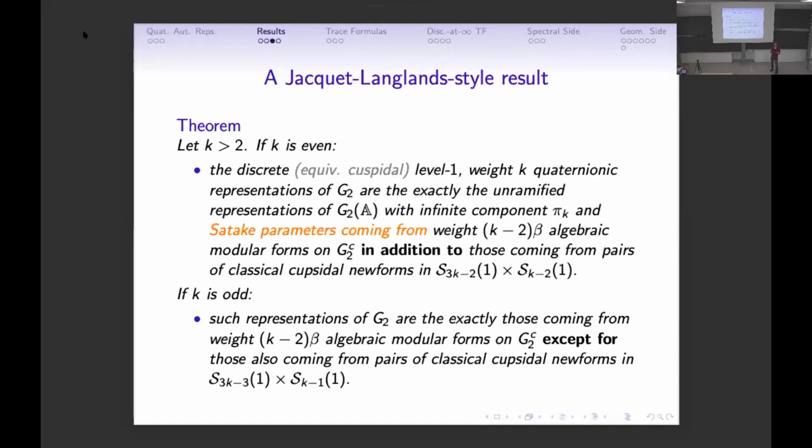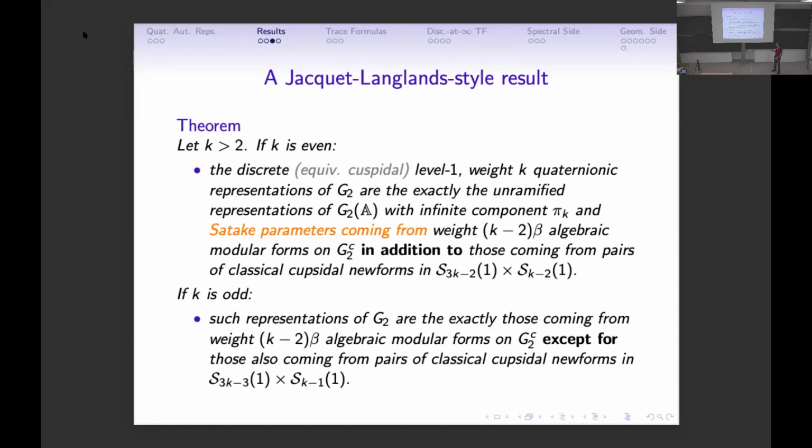So we don't just have a dimension formula, we have a description of all the level 1 quaternionic automorphic representations. Let k be greater than 2. If k is even, the discrete level 1 weight k quaternionic representations of G2 are exactly the unramified ones with the correct infinite component and Satake parameters that come from the weight k minus 2 times β algebraic modular forms on compact G2, and then there's a correction in addition, the ones with Satake parameters that come from pairs of classical modular forms in weight k minus 2, and then weight 3k minus 2 and weight k minus 2.